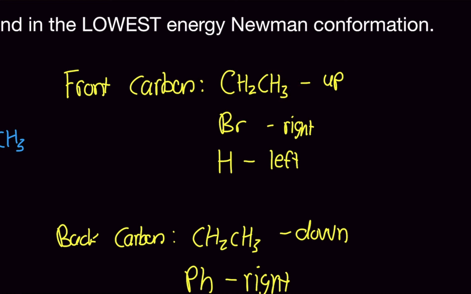So that's the longest molecule, biggest molecule in terms of size. Like, think about like a train, right? This is 1 car length, this is 1 car length, this is 2 car lengths. So, right, because it's like 2 carbons. So think about it that way. So the bulkiest group in the front carbon is this.